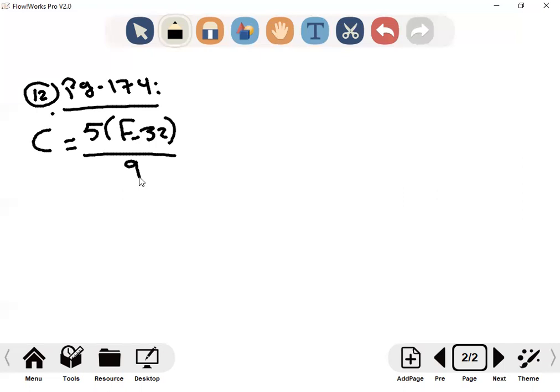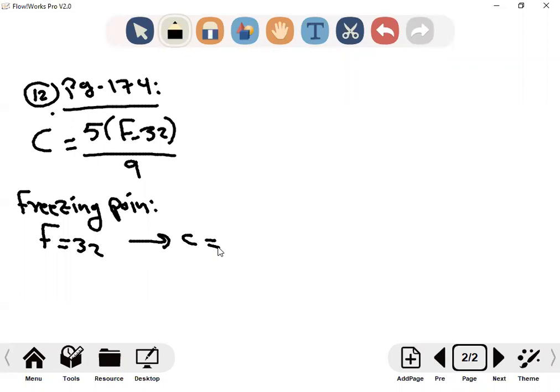Freezing point 32. So we will replace F by what? 32. So I will find the freezing point first. In the table, in the freezing point, F is given how much? 32. So I will go to the C and replace F by what?